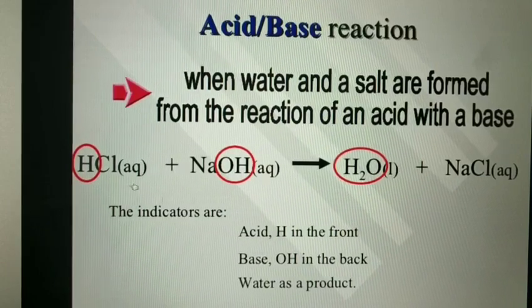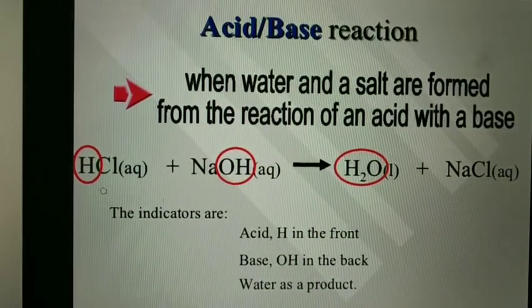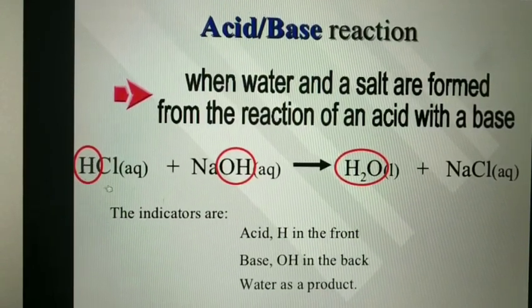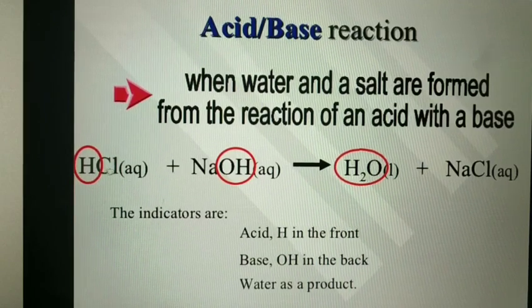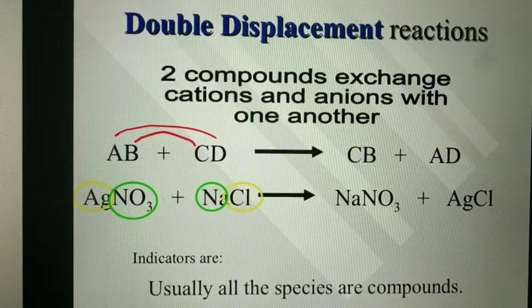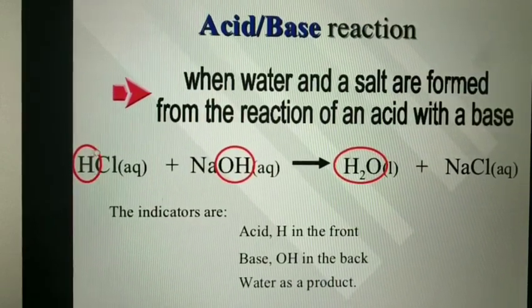This is acid, HCl. This is base. How can you identify that this is acid? The ions over here are H plus and Cl minus. So H plus ion is there.